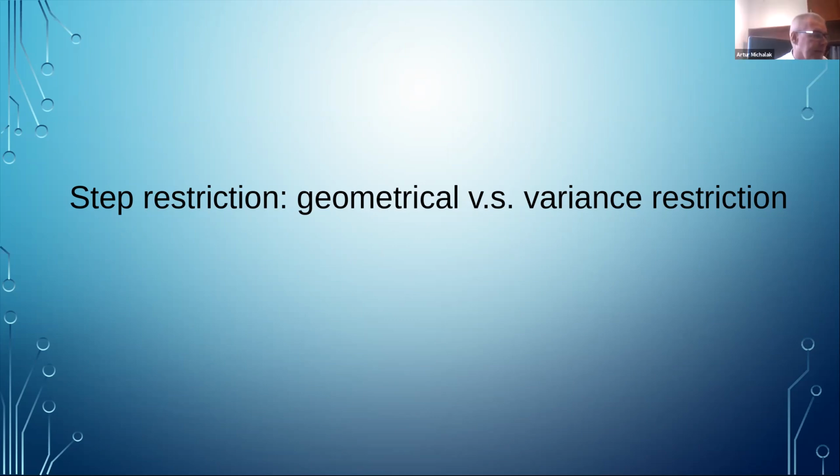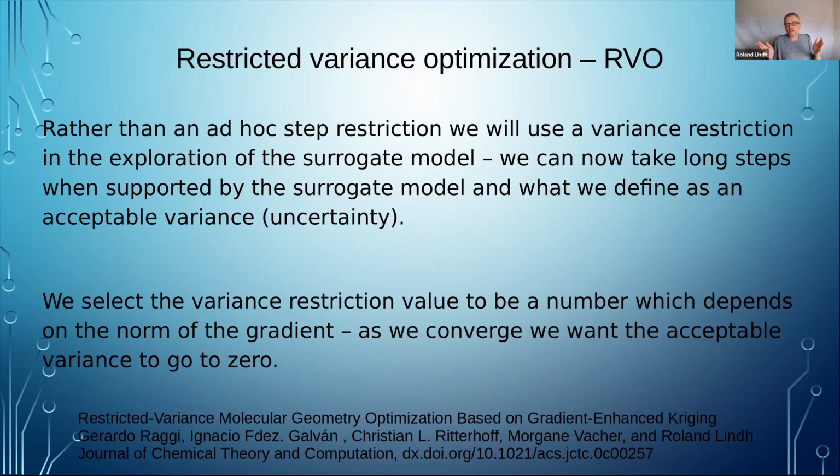Okay. So furthermore, there are these step restrictions. Usually they are geometrical, but we introduce something called a variance restriction. With a conventional method, you just have to guess how far you can go. In our case, we're not putting a limit on the actual geometrical distance.